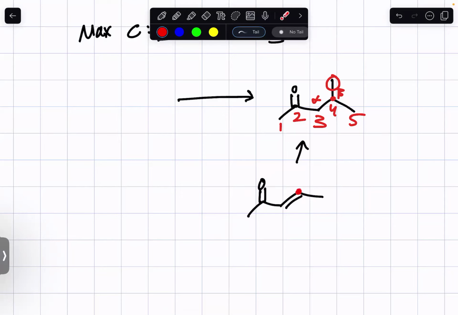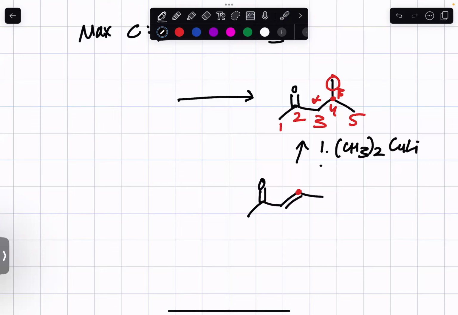Would it be the Gilman? Yeah, the Gilman, the weaker organometallic. It can't be the Grignard or organolithium, because those would do a 1,2 addition, and we don't want that. So we use (CH3)2CuLi, and second step, H2SO4 or H3O+ for acid workup.